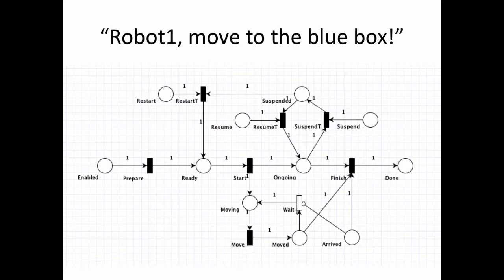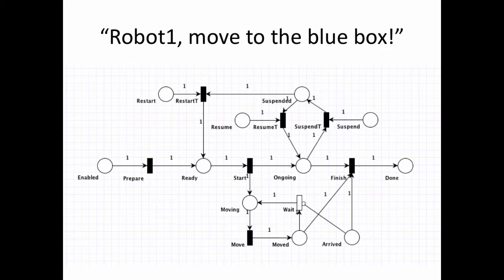We'll show this working briefly, but if we look at this, we might consider this to be a schema for how motion might get handled in two dimensions. And if we have a sentence, for example, robot 1 moved to the blue box, we're going to start from the left and work our way through.